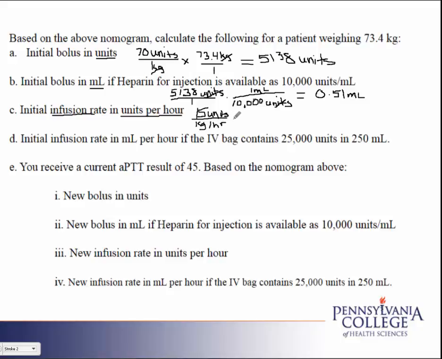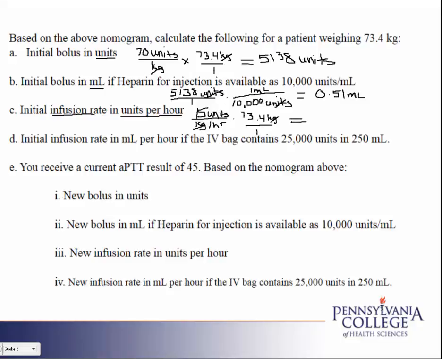The hour I want to keep because that's part of my answer, but I don't want to have a kilogram in my answer because the answer label is to be units per hour. So I will multiply by the patient's weight, which is given as 73.4 kilograms. This will allow me to cancel the label of kilograms and to have the answer in the label requested.